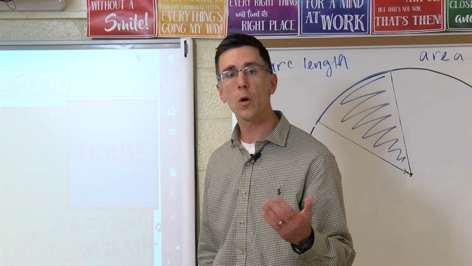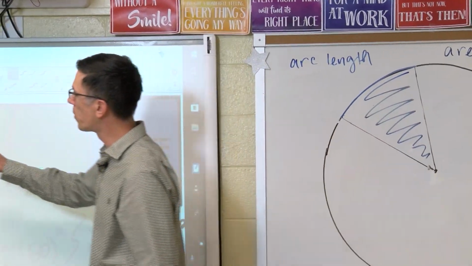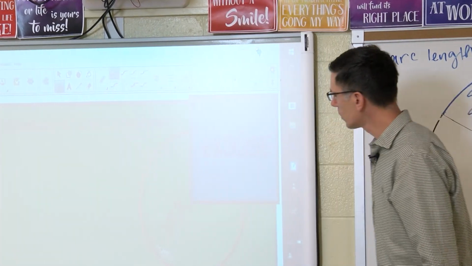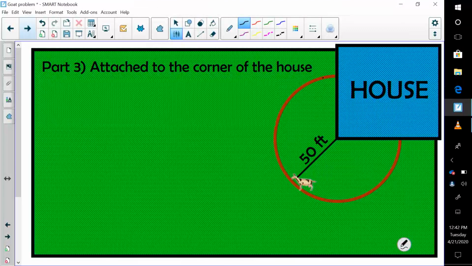Now, part 3. Bill is now going to place the rope on the corner of the house. We have the corner of the house here, and Bill has placed the rope on the corner. The first question we have to ask is, what is the central angle measure now?